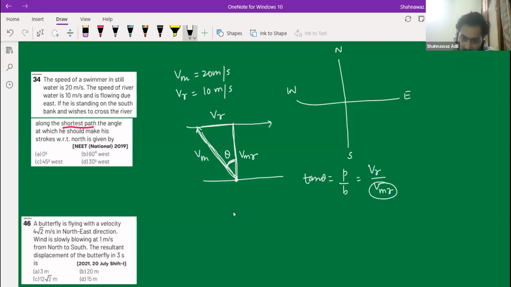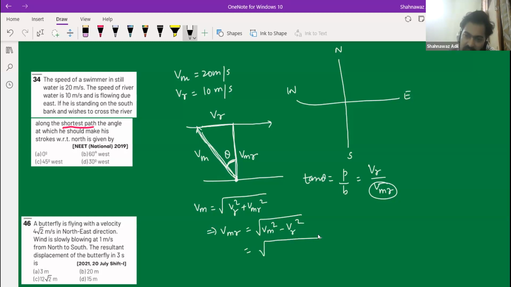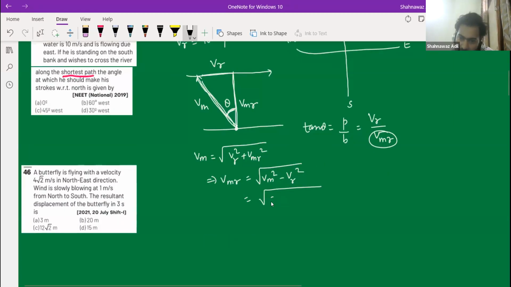What is VMR? We know that VM would be root of VR square plus VMR square. So VMR would be simply hypotenuse square minus perpendicular square.